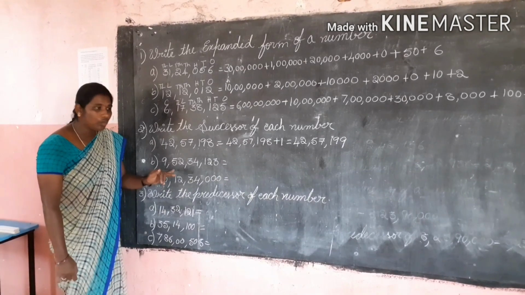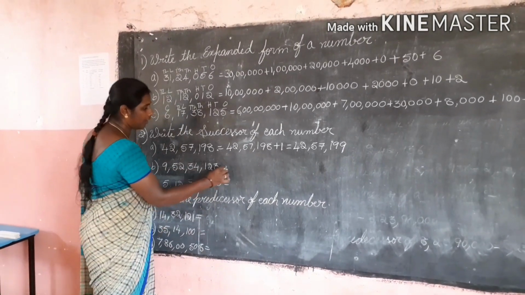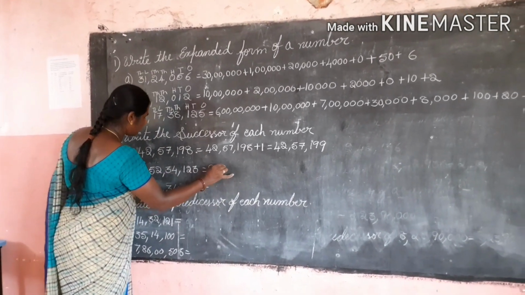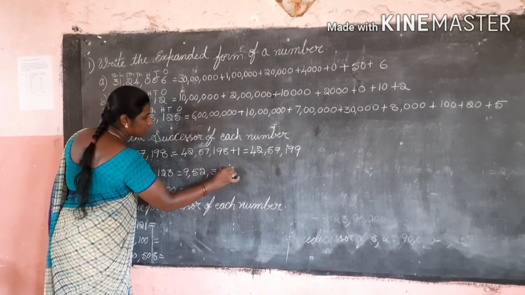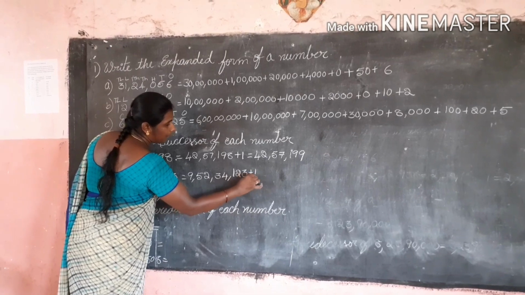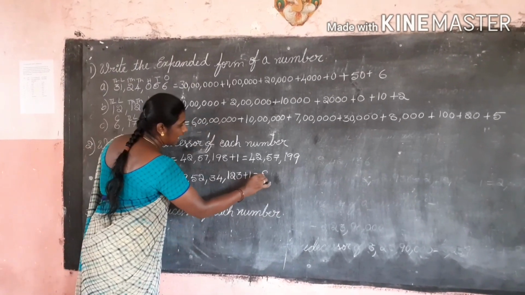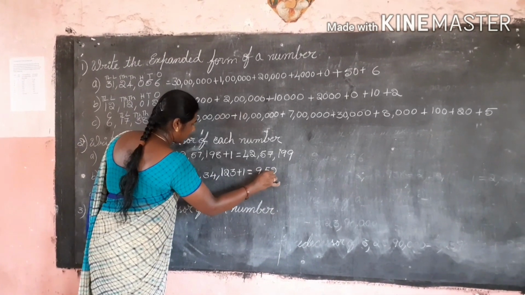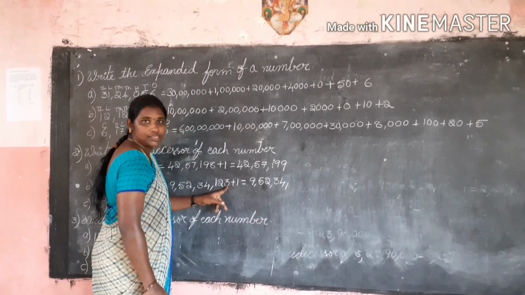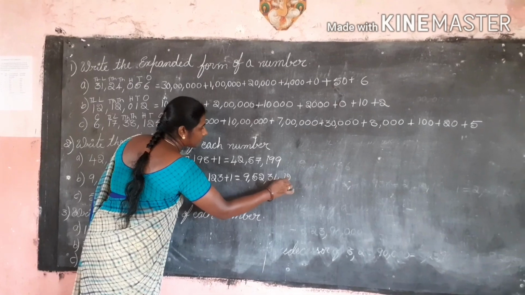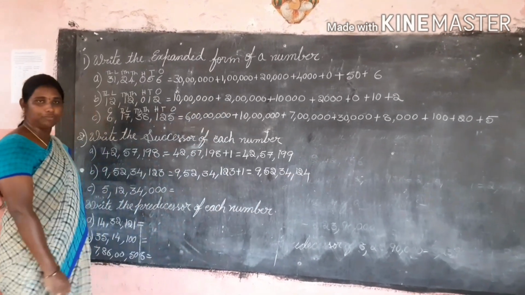Next, 9,52,34,123. For this also we have to add 1. 9,52,34,123 plus 1: add 1 to the ones place digit, 123 plus 1 is 124.